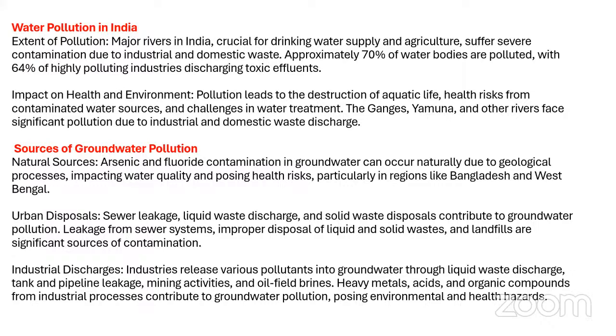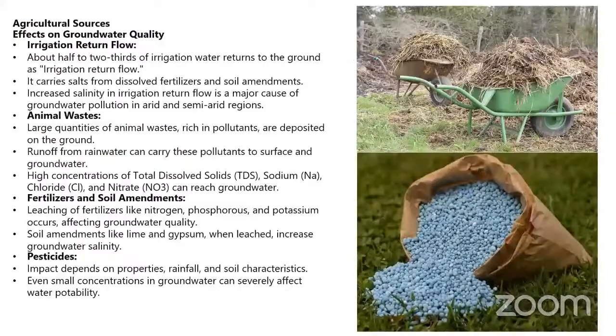Groundwater quality effects on human health, on industry, on agricultural activity, on the environment, and groundwater pollution due to agricultural, industrial and domestic sources, like that I have covered. I have covered two ways: quality versus pollutants and pollutants versus quality. So like that I have prepared this presentation. Try to watch it a number of times.